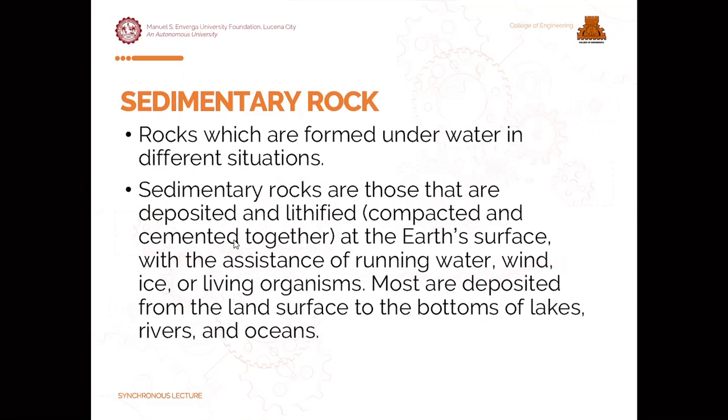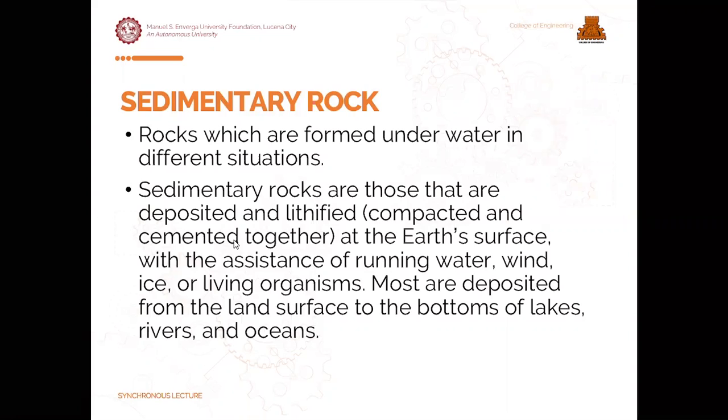So nakikita natin pag halimbawa sa mga Grand Canyon, pag nakita niyo yung Grand Canyon, yung mismong physical characteristic ng Grand Canyon makita niyo iba't iba siya, may mga layer siyang iba't ibang kulay. So ibig sabihin, from time to time nung hindi pa nawawala yung lake daw, yung river na dumadaan dun.